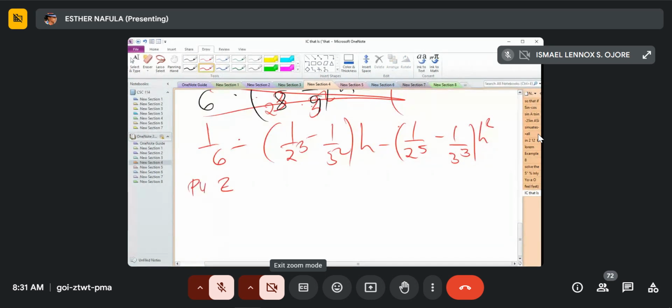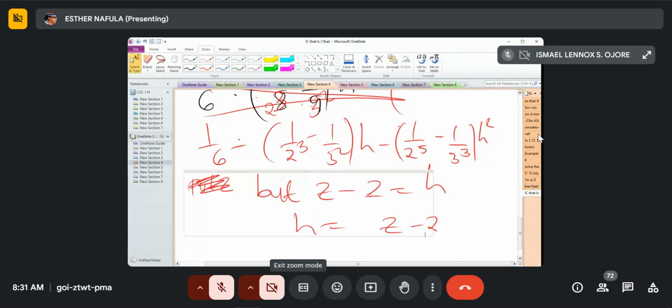We started by putting z minus 2 equal to h, or h is equal to z minus 2. So in place of h, you put z minus 2. In place of h squared, you put z minus 2 squared. If you have a third term, h cubed, you put z minus 2 cubed.